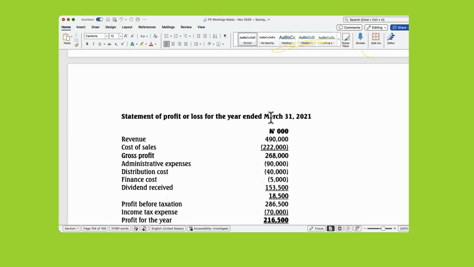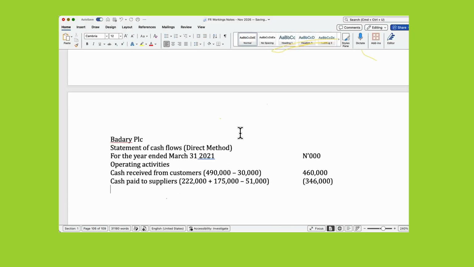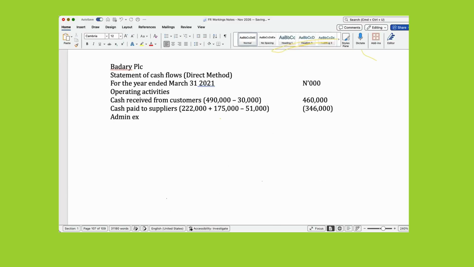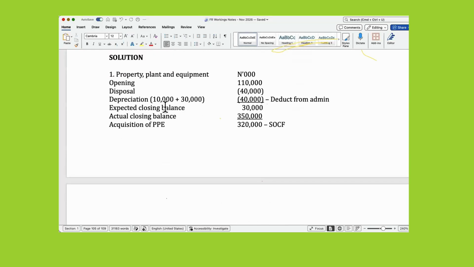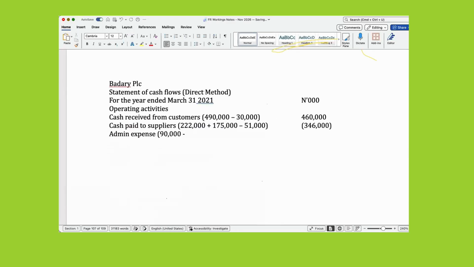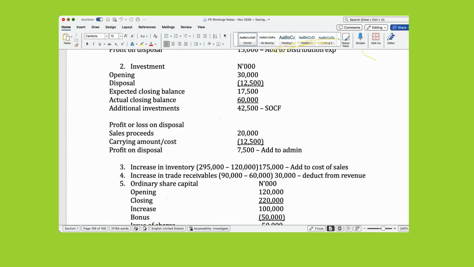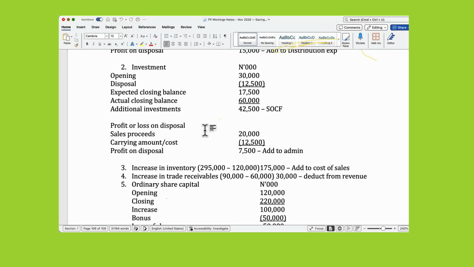After cost of sales, the next item is admin expense, which is 90,000. And we already made some adjustments to admin. First, depreciation, we say we're going to deduct from admin, which is 40,000. Next, I have profit on disposal of investments.